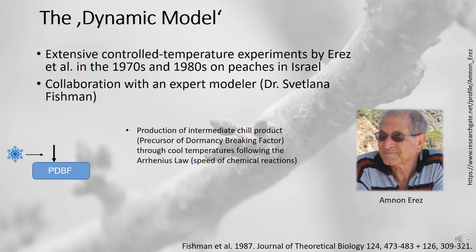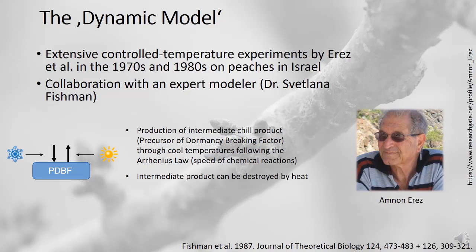And the speed of the reaction here is assumed to follow the Arrhenius law, which is used in chemistry to describe the speed of chemical reactions. So this law is pretty well established, and so we actually have a plausible and credible process here that describes the rate of change that is observed here.